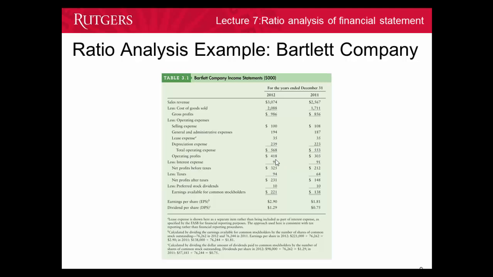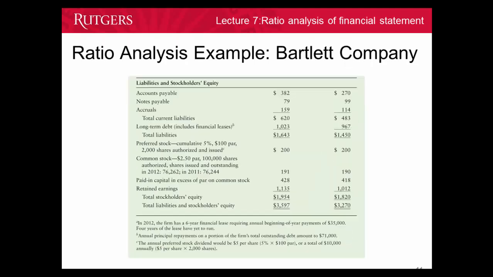Now we need to find the principal payment, and it's listed here in the footnote. You can see annual principal repayments on a portion of the firm's total outstanding debt amount to 71,000. And the preferred stock dividend can also be found on the last footnote.